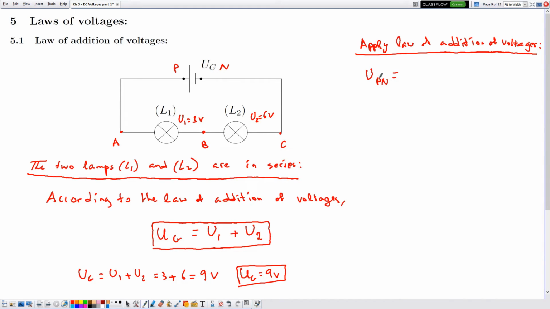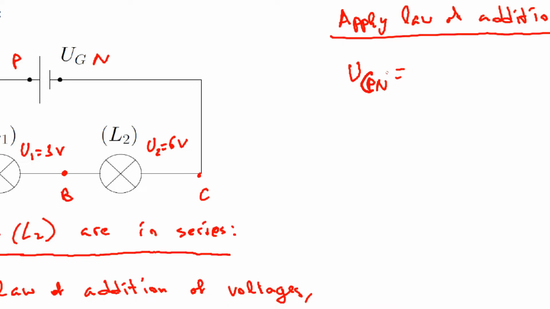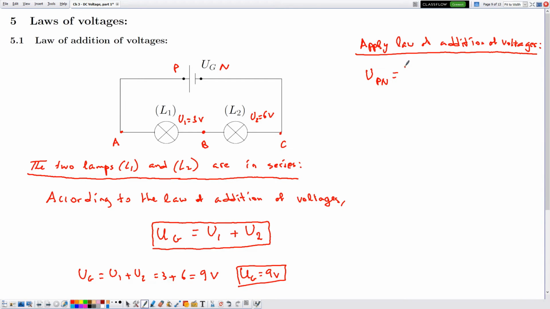So here we started with the point P, then on the right hand side we'll also start with the letter P, the letter that we have started with here. Now after P we have the point A, then UPA plus, then we have UAB, then from B we have the point C plus UBC, then finally from C we reach the point N.